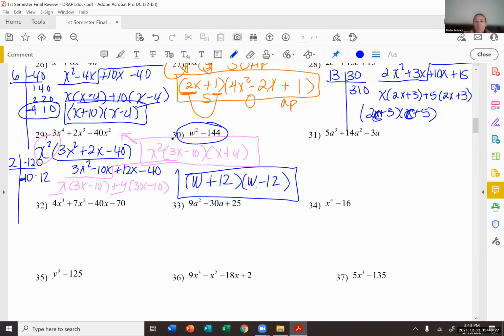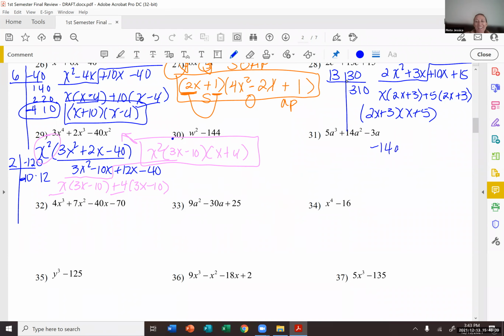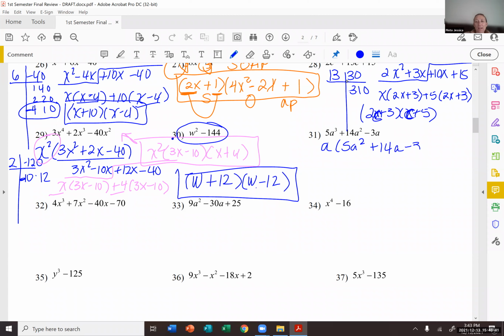Right on. In 31, hopefully you see that there's a GCF there also of the letter A. Taking that out, I've got 5a squared plus 14a minus 3. Thinking about my t-table, I'll do it here.